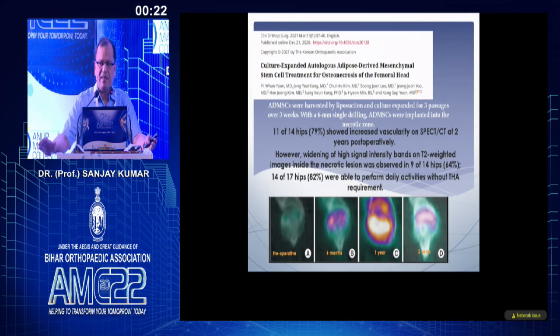For all these treatments, whether we give mesenchymal cells or cultured osteoblasts, there is no literature support that the disease is getting reversed. The only thing is that the replacement, the arthroplasty, is getting delayed. We can gain some time.